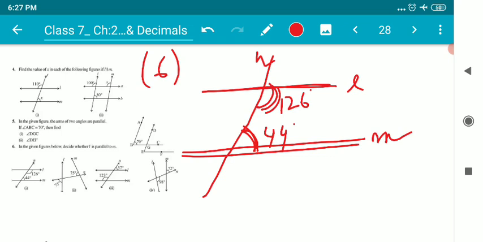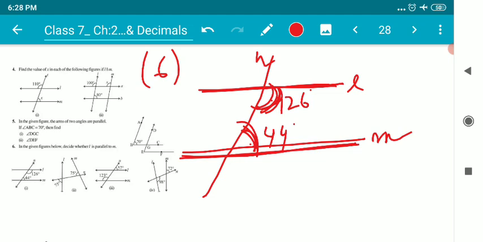Because the property of parallel lines says that the sum of co-interior angles on the same side of the transversal always gives 180 degrees. So if the sum of these angles is 180, believe me children, line L and line M have to be parallel to each other.